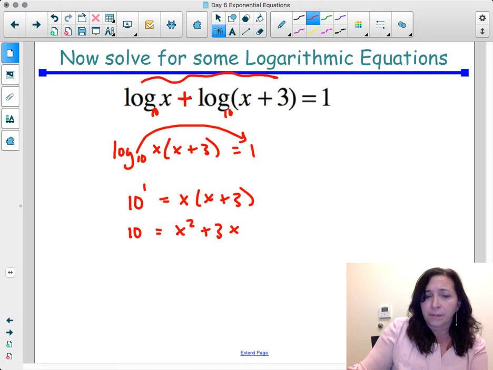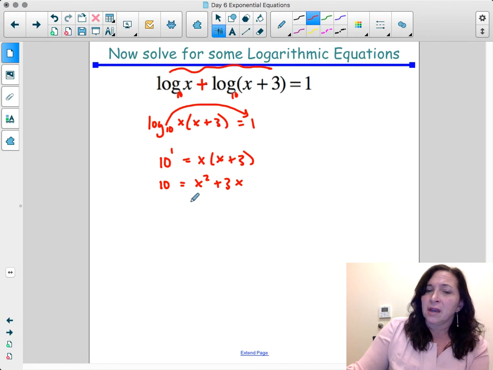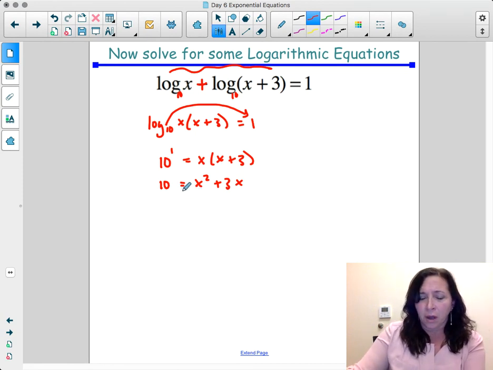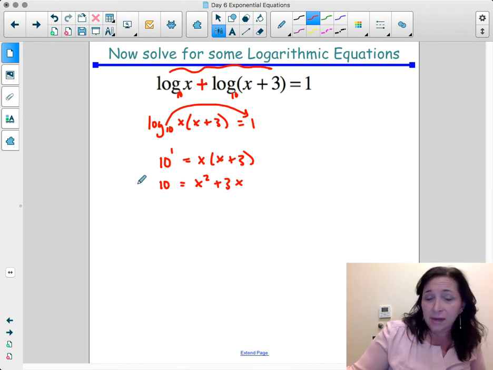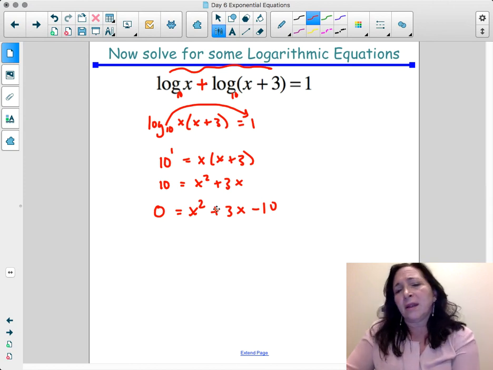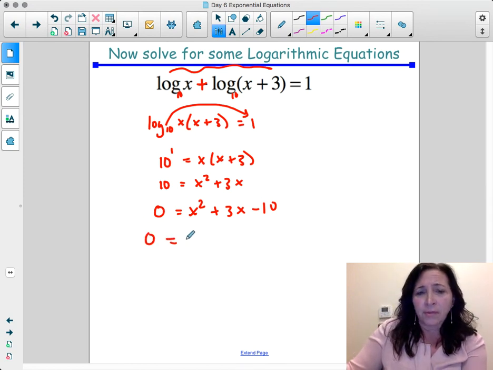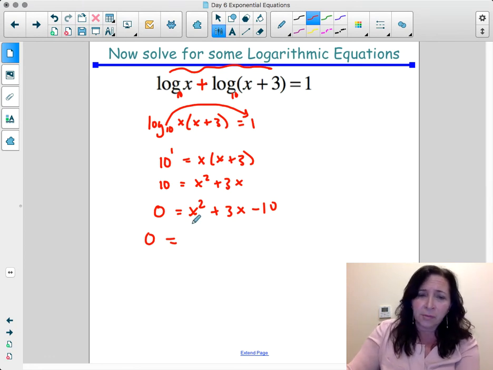Now in this problem, this became a quadratic equation. The first thing you should remember when you see one is that you need to set it equal to 0. So we're going to say 0 equals x squared plus 3x minus 10. Of course, you could use the quadratic formula if you wanted to, but I'm just going to factor.